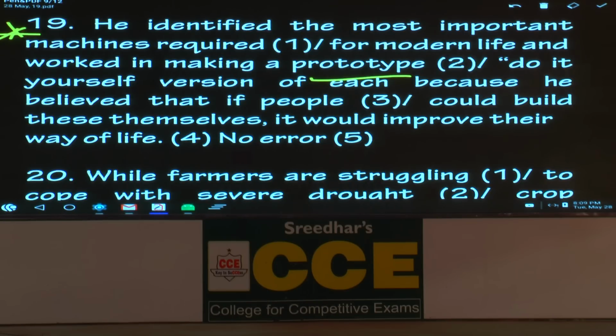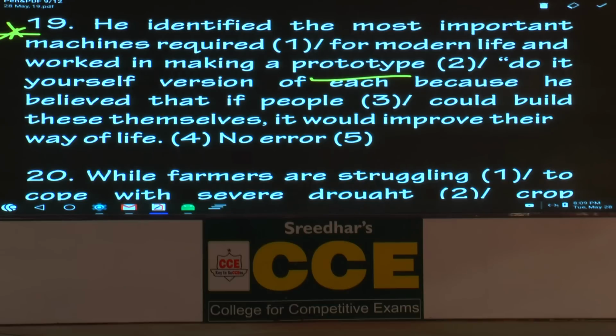You must have thought for modern life and worked on making. Do you think in is not correct? In is correct. In making, that is right. There is no problem there. Who says there is an error in the third part? Raise your hands. What is the error? I said this is a tough question. What is the reason?